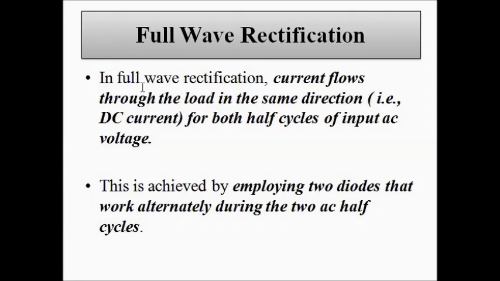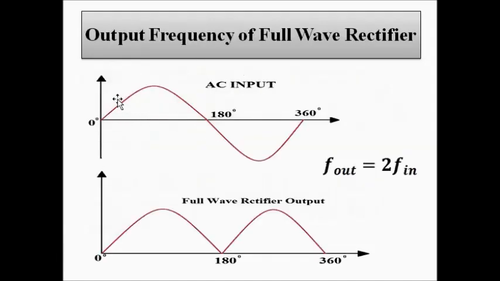Now if you remember, in half wave rectifier the current conduction took place only during one half cycle of the AC, that is the positive half cycle. Okay, so if you see, AC has two half cycles. This is the positive half cycle, this is the negative half cycle.